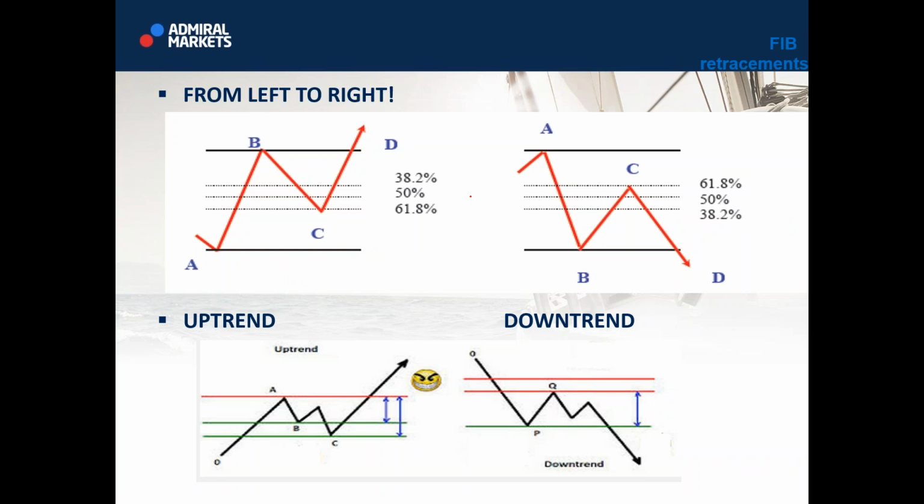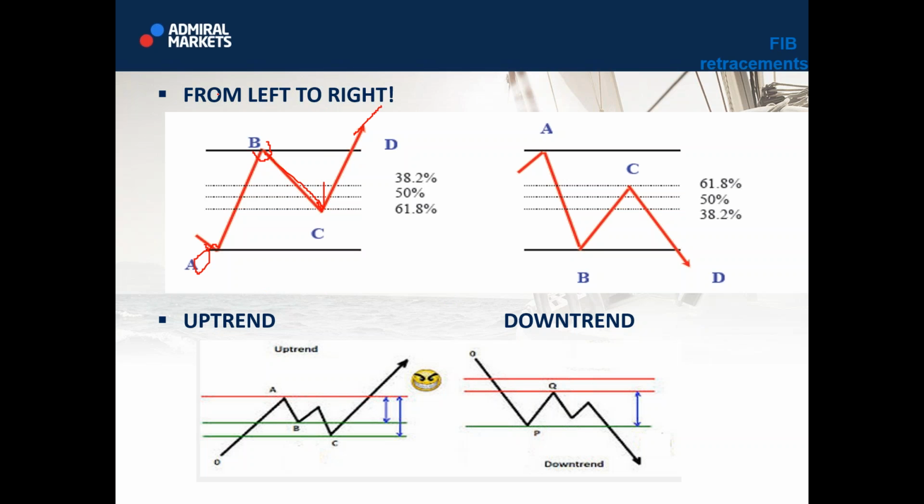How do we draw these retracements? Always from left to right. The logic behind this is from the past to the present to give us future movement. From the past to the present, guys. Not from right to left. It's not proper.